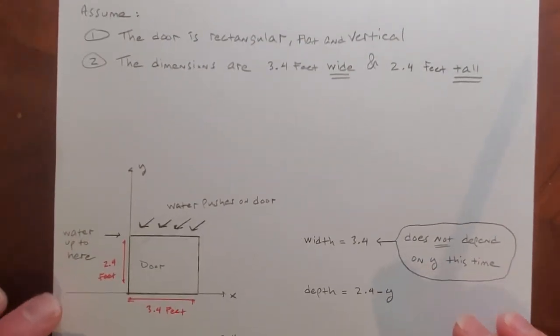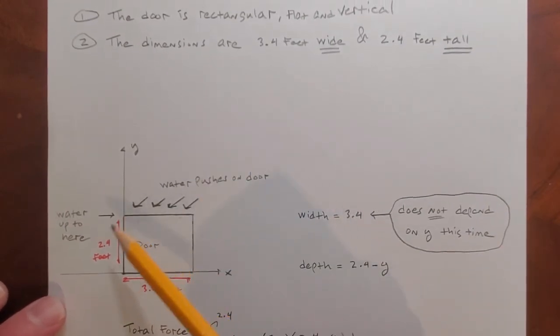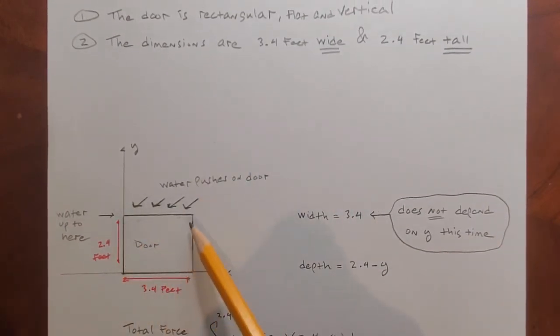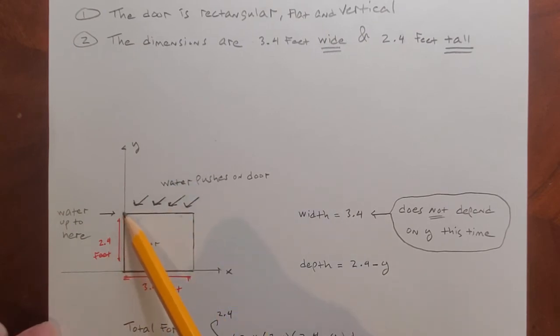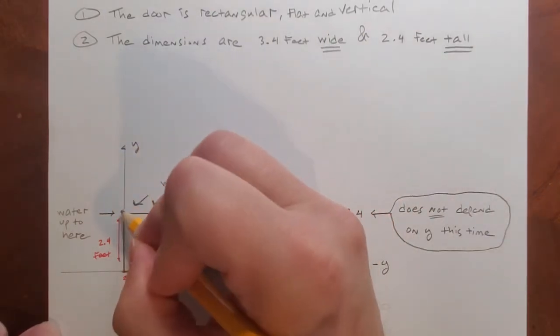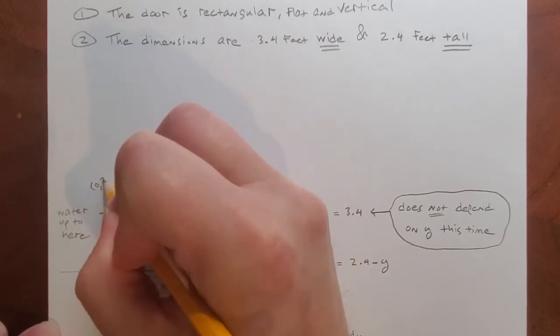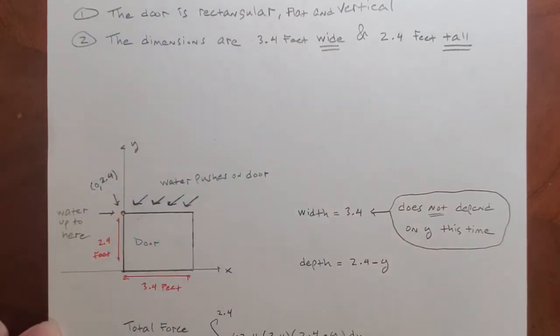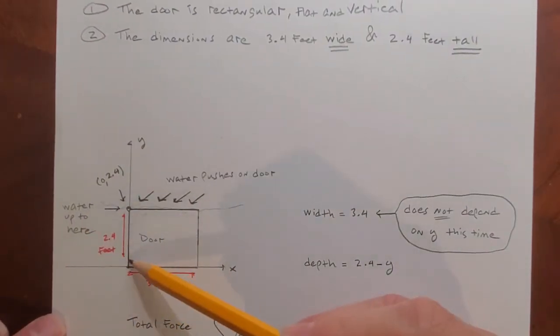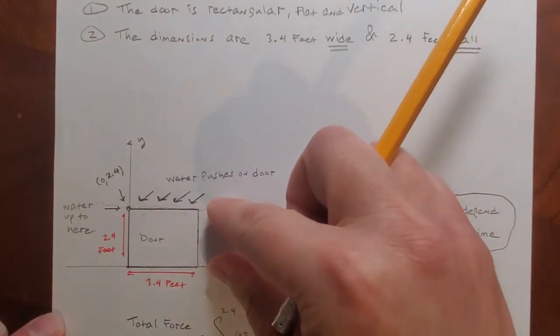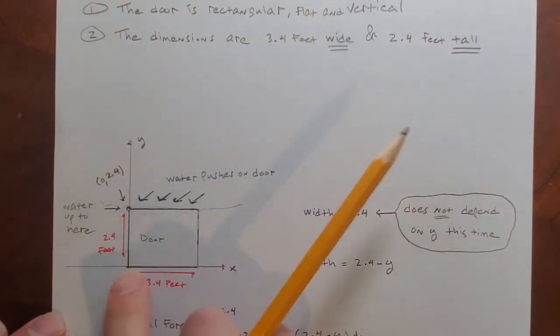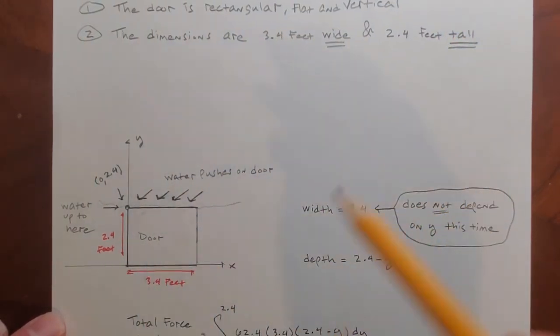Well, so I just put the door like this. So our assumption is it's rectangular, okay. The water goes up to here, all right. So this point right there would be 0 for X and 2.4 for Y. And then the water is kind of like this. So 2.4 feet this way, and then I put the door like that to where the other edge of it is out here, 3.4 feet.